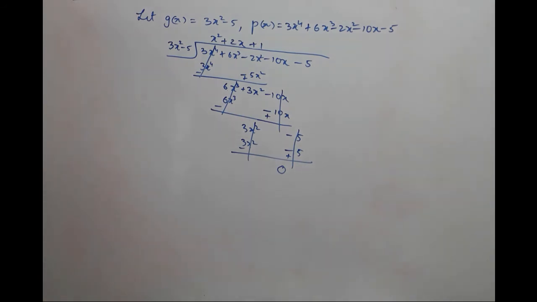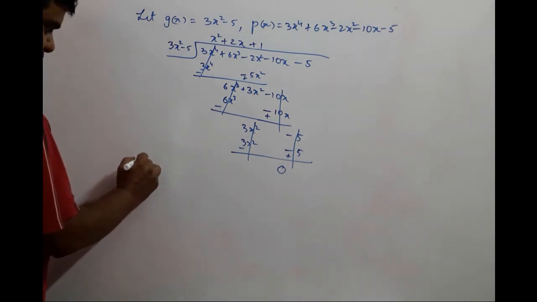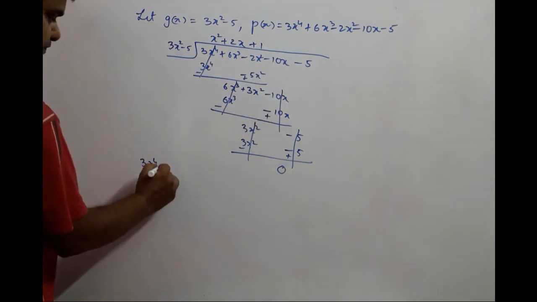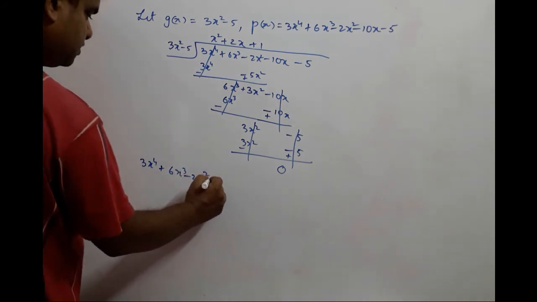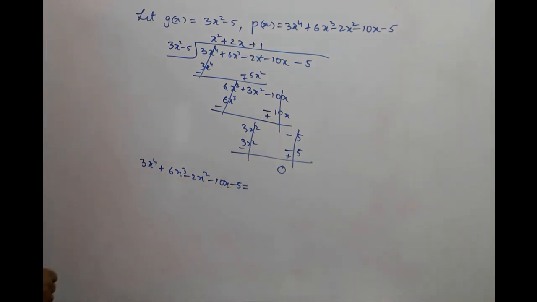So now that the remainder has come 0, we can put this down as 3x raised to 4 plus 6x cube minus 2x square minus 10x minus 5, which can be written as equal to its factors. Which are its factors?